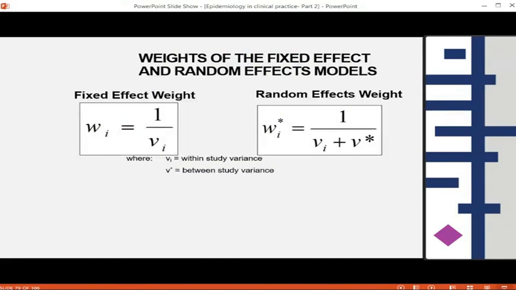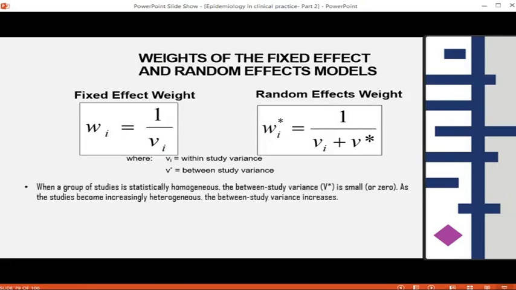That is the only source of weight. So if you've got a study with a very narrow confidence interval, because it's got a large sample size and more events, then that study will get more weight. And if a study has a wider confidence interval, it gets less weight.